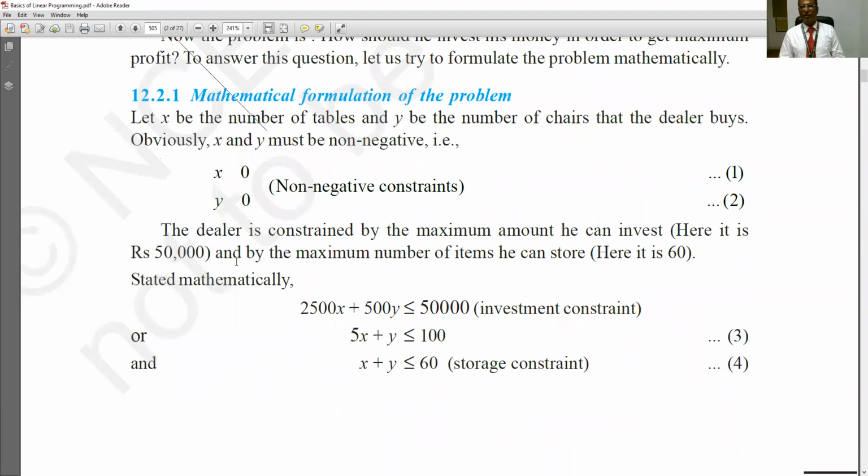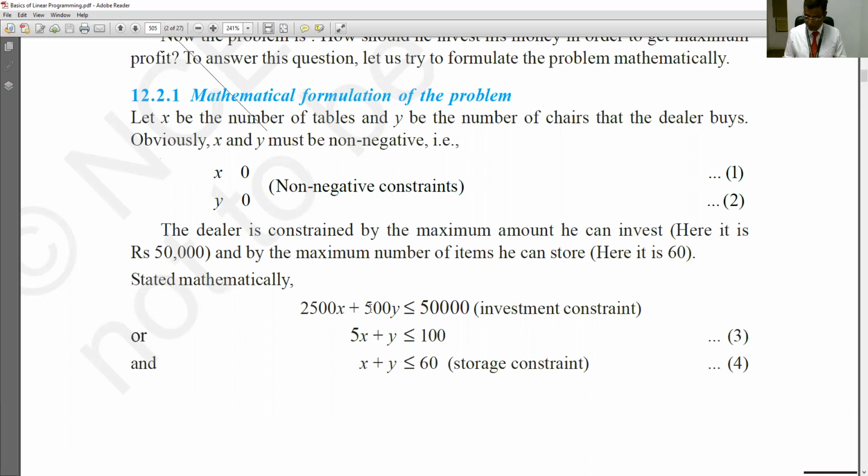And the dealer is constrained by the maximum amount he can invest. You know that the dealer has 50,000 rupees. And you are writing here that the number of tables is X. One table costs rupees 2,500, so the cost of X tables will be 2,500X.